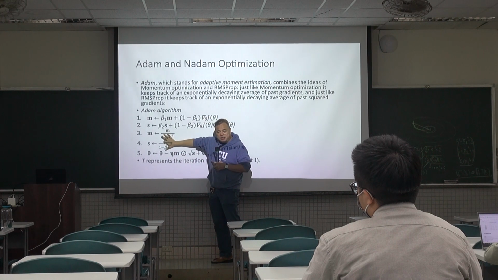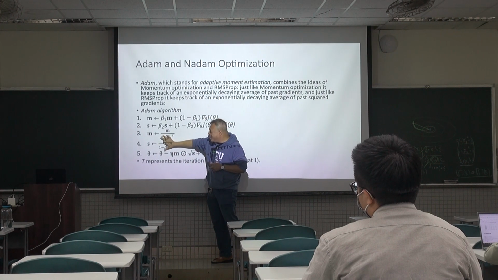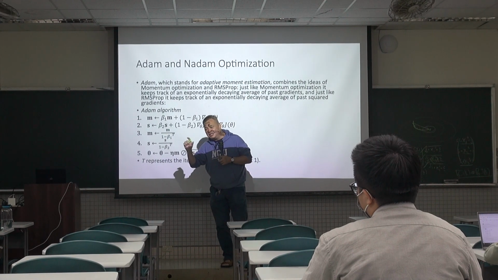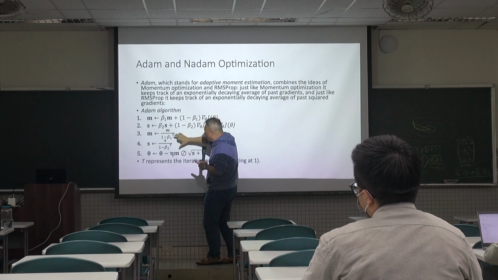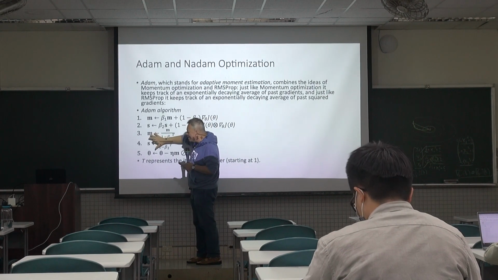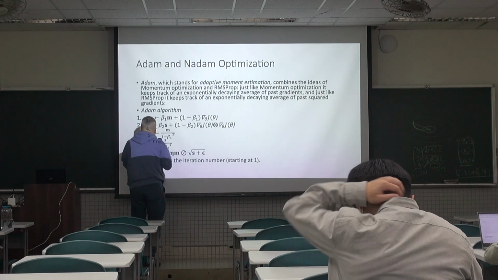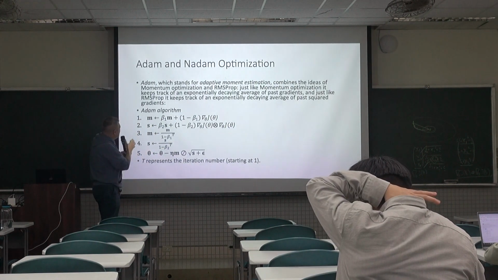Let's not talk about these two lines first. These two lines are there to fix some issues, but they're not that important. So let's skip these two lines. The first line is momentum.